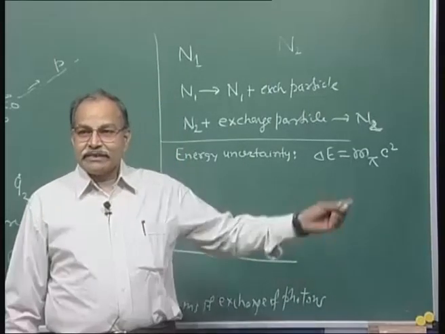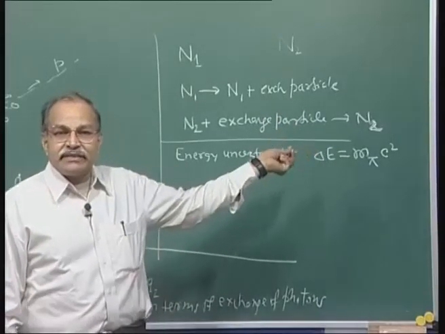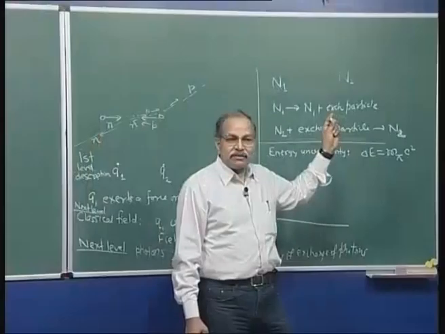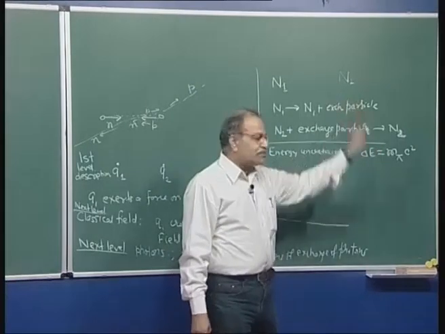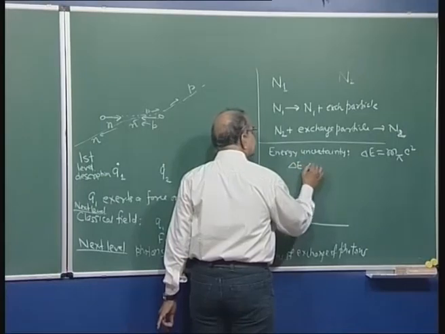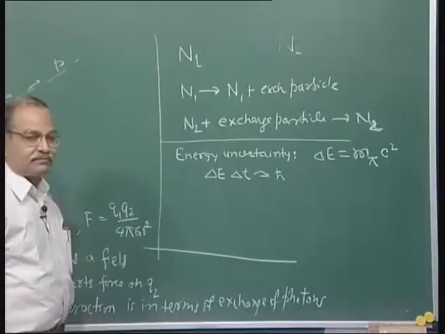But then this is allowed provided this violation, this energy uncertainty lasts for a very short time delta t, which is related to this delta E through that famous relation delta E delta t is h cross or h, right.